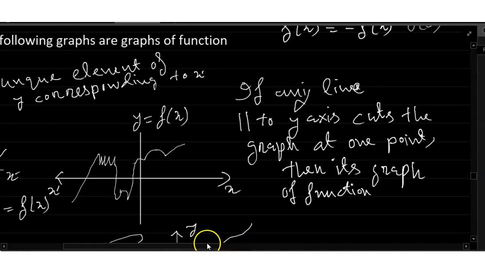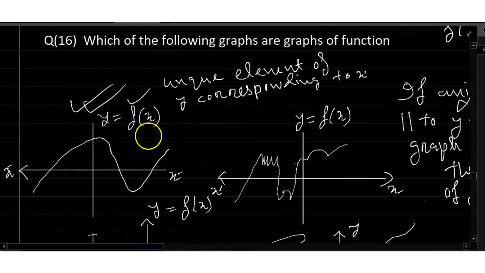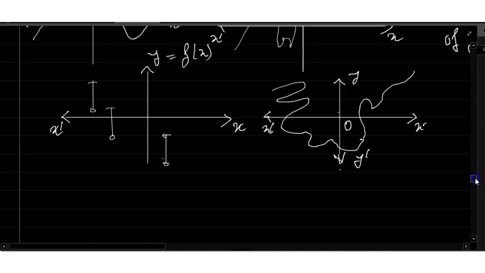So friends, here you see on this point, this diagram is correct, and all the other diagrams are not functions.